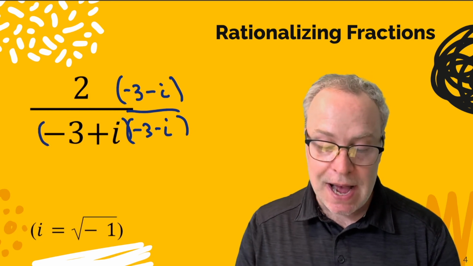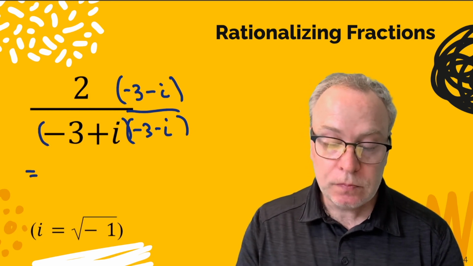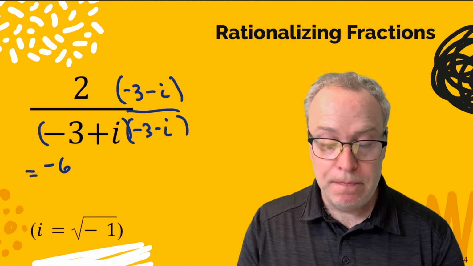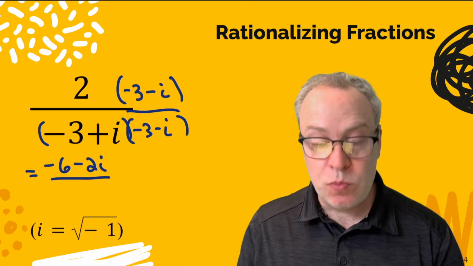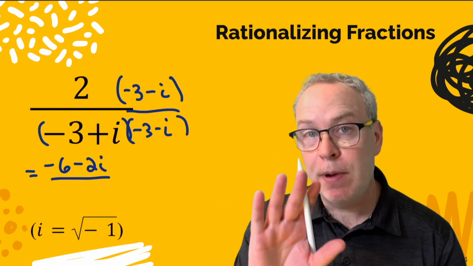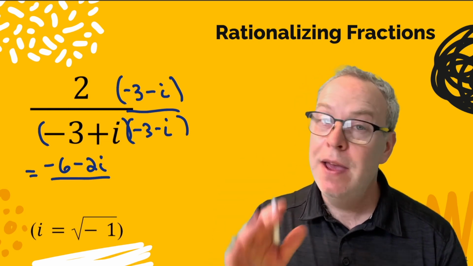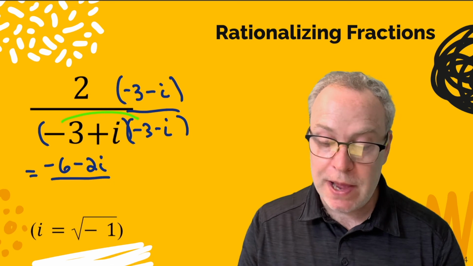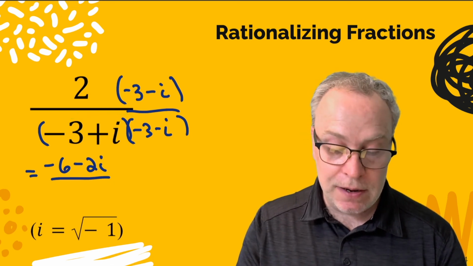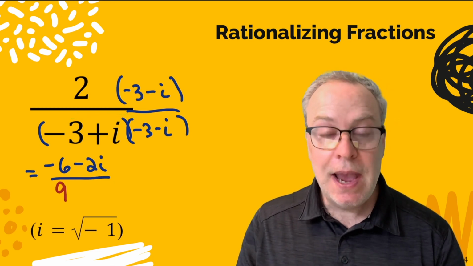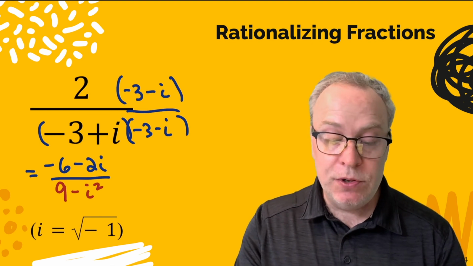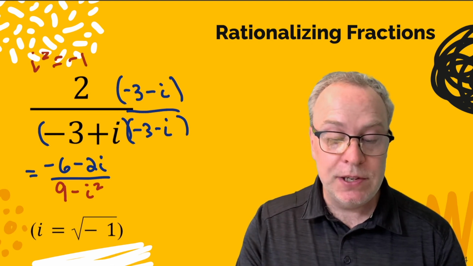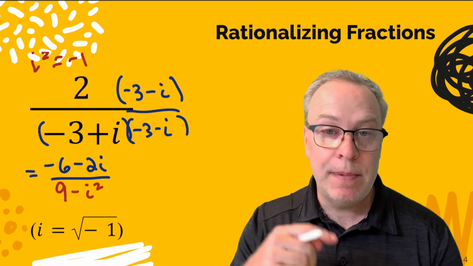So on the top, we get -6 minus 2i. And on the bottom, this is one of those FOIL questions, but because it's a sum and difference pattern, thankfully, we just have to multiply -3 times -3, that would be 9, and then minus i squared. Now, whenever you see i squared, you can replace it with -1 for reasons I talked about on the last slide.